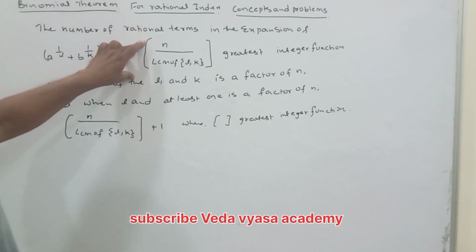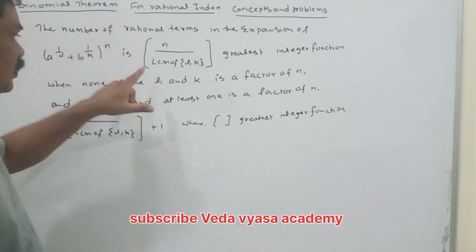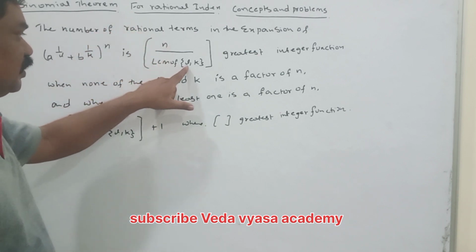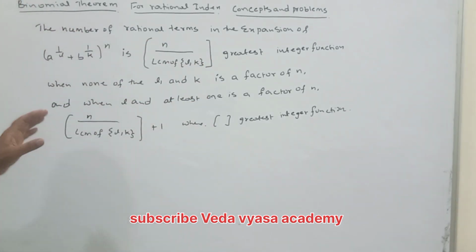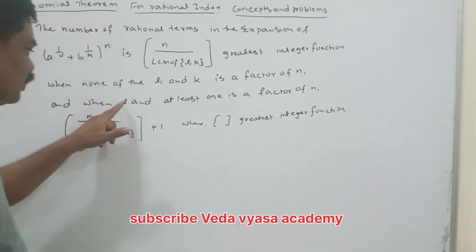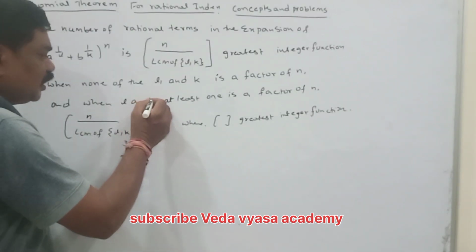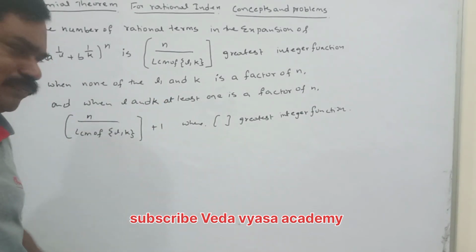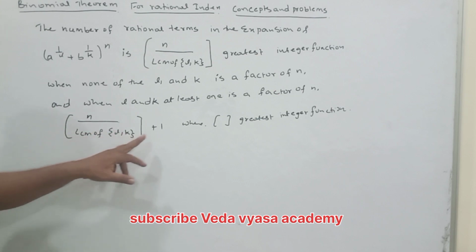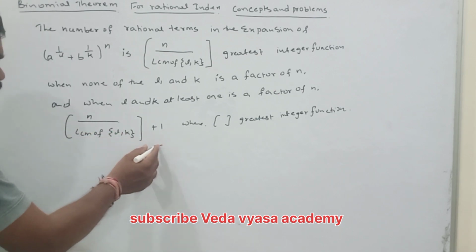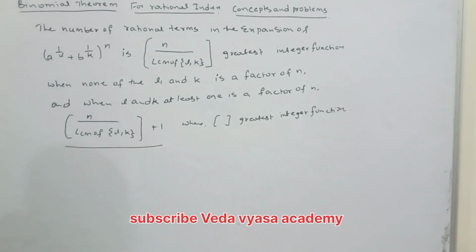If at least one of L and k is a factor of n, then step of n by LCM of L comma k plus 1 is the number of rational terms in the expansion. Okay, this one is complete.